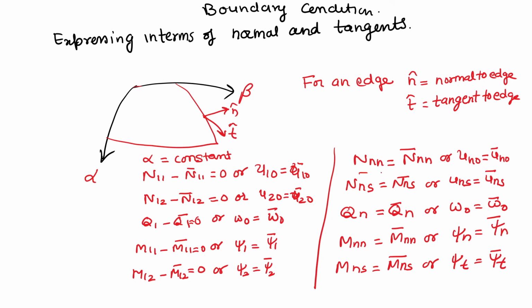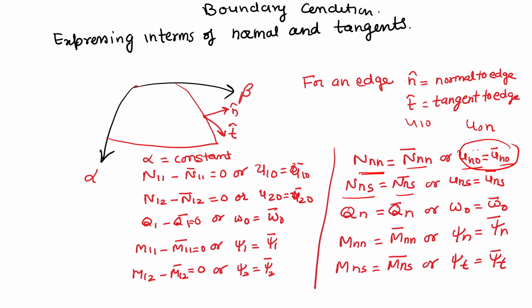So, NN normal to that edge, or UN0, NS. Sometimes instead of writing it like this, you can say U0N, or you can write U10.